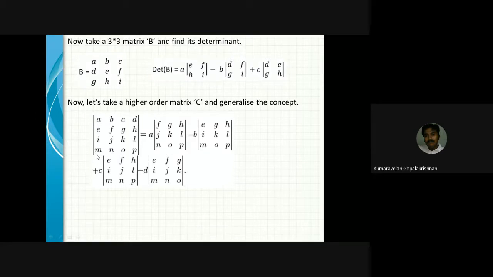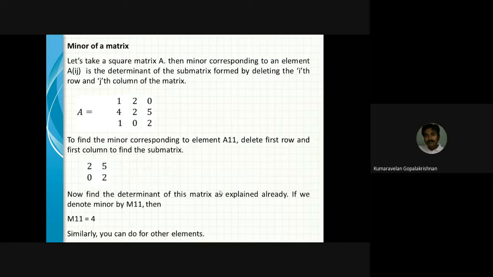This is the way in which we can find the determinant of any square matrix. But don't worry, Python and R have their own library functions for calculating all these things by calling a single function.